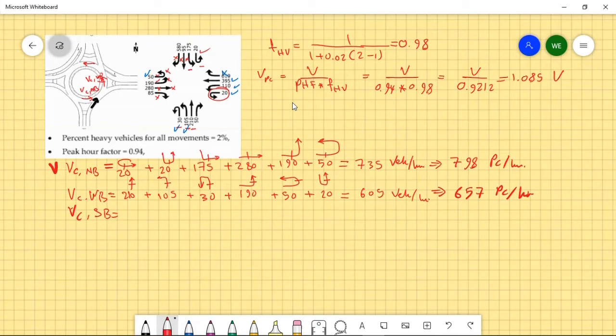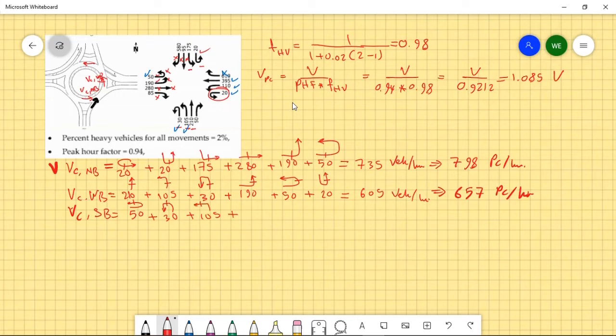So in this case, it's going to be 50 plus 30 plus 105. Please notice with me the way I'm marking these arrows.